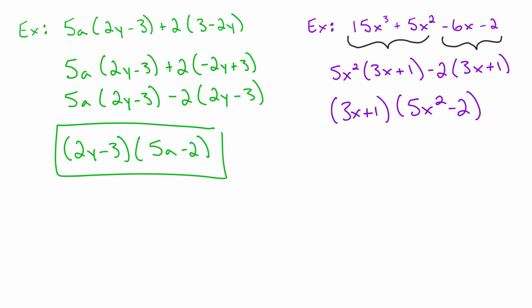Now, while we are in fact done with this problem, that is the answer, I do want to caution you because there is the possibility that you won't be done on the problems you have in front of you. This was a binomial where one of the terms was an x squared. There is the option that this could be factored again.